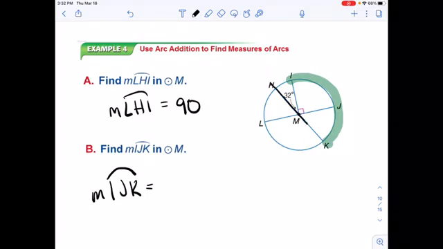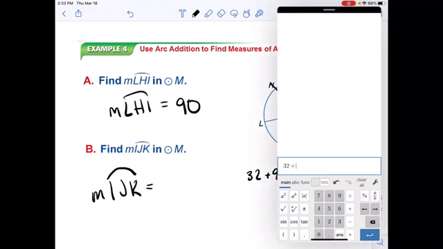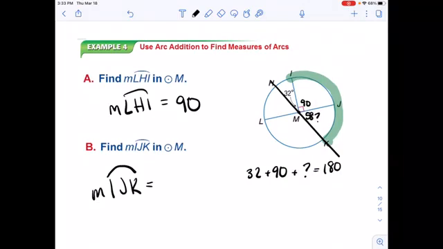First off, you can see that that is a 180. So you can take 32 plus 90 plus your missing angle, equal that to 180, and solve, and get 58 for the measure here.